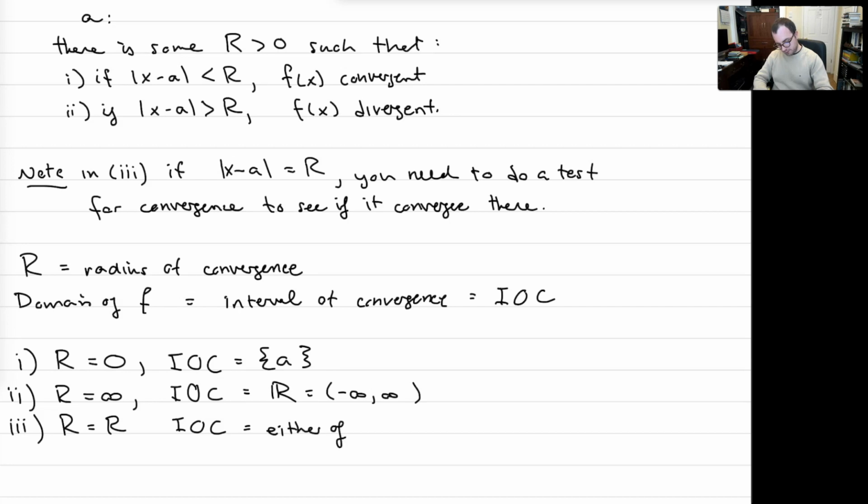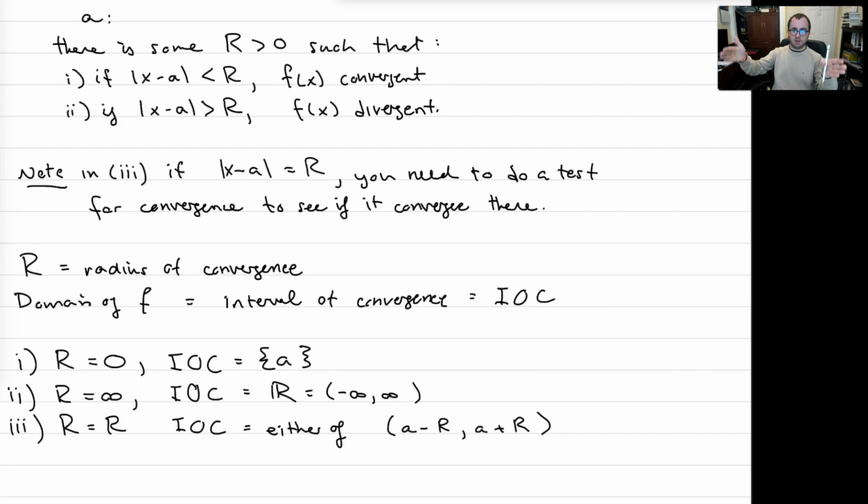So either, 1, you can just have a minus r to a plus r. So that's a in the center. Go r to the right, r to the left, and that gives you your interval of convergence. So it's possible that a is in the center, and you go out r in each direction.